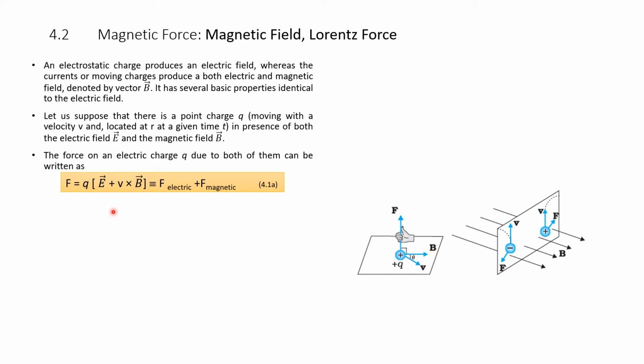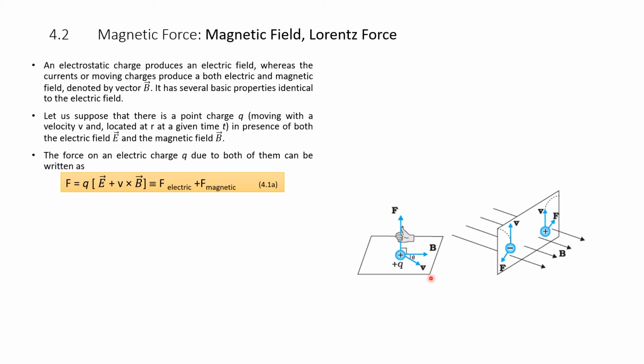So, the equation F equals q into E plus V cross B is drawn here. F is the force, the positive charge q is at the center, B is the field, and the velocity vector V is making an angle theta. This is 90 degrees: F and B are perpendicular to each other.